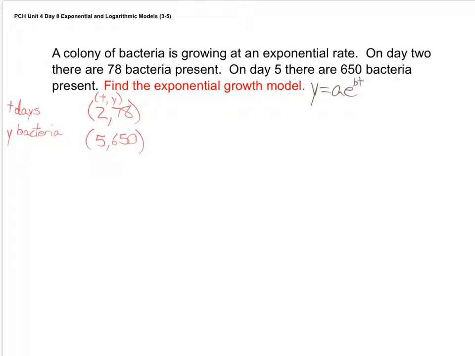Let's remind ourselves the exponential growth model is y equals a times e to the bt power. We're going to plug in the t's and the y's to come up with 2 equations.